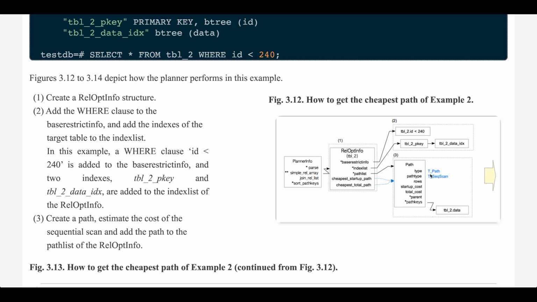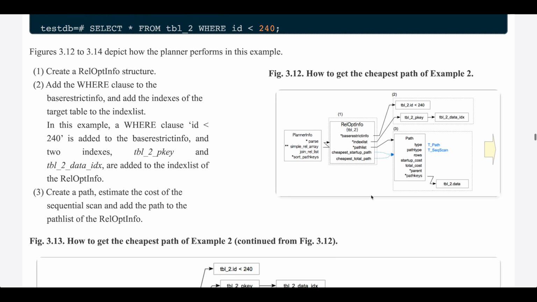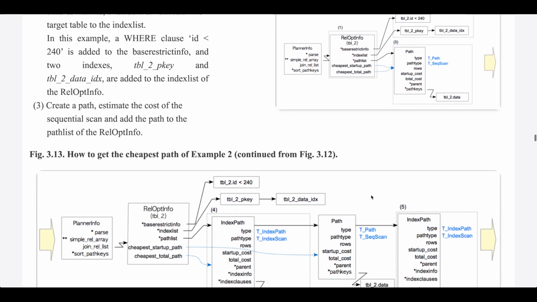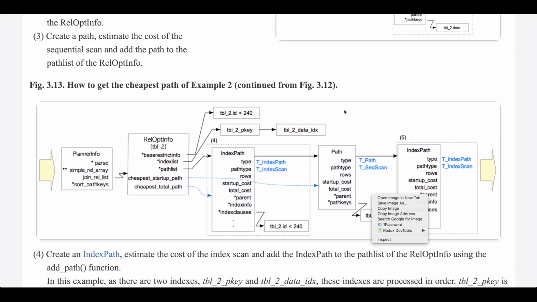Then 3. Create a path, estimate the cost of sequential scan, and add the path to the pathlist of the RelOptInfo. (3.13) Continued.